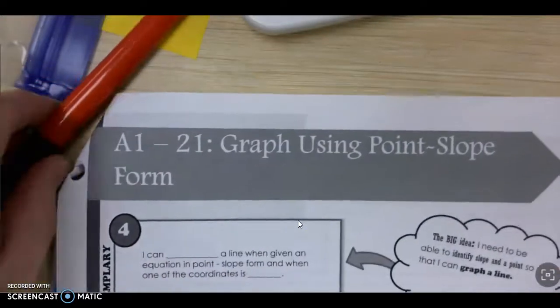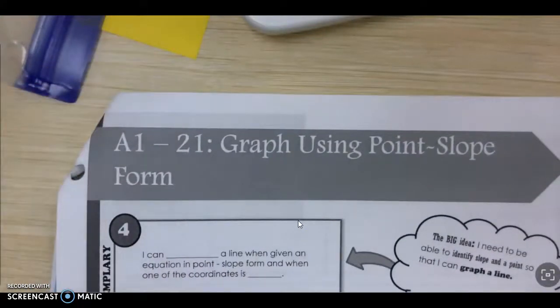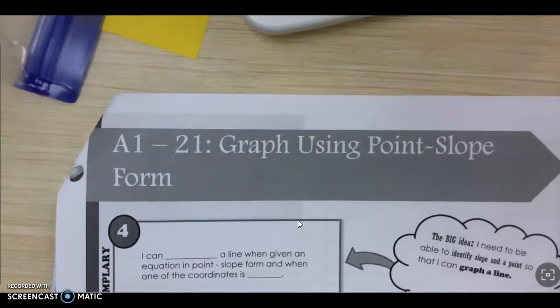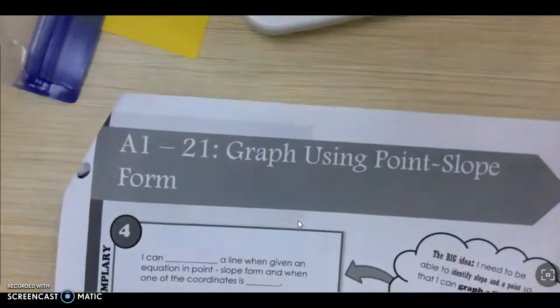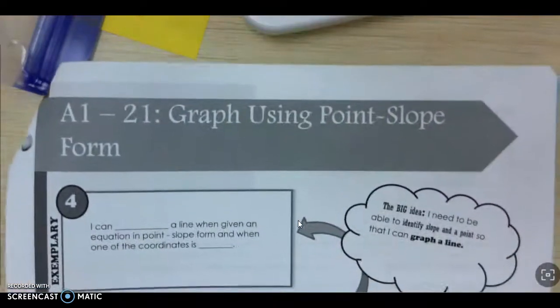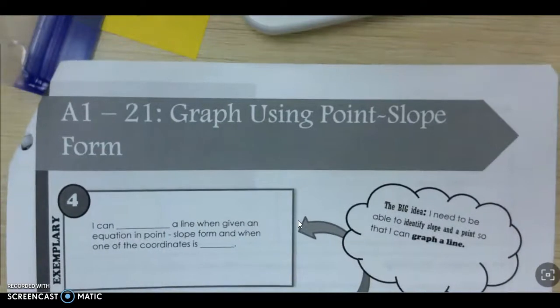Okay, this is notes for standard 21, graphing using point slope form. So the last standard, standard 20, was all about point slope form of a line and how to write equations in that point slope form of a line.